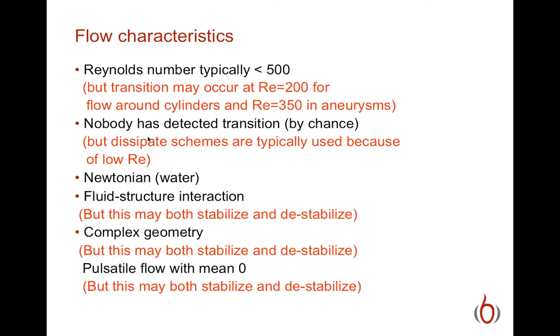A lot of flow studies have been performed lately using CFD, and none of them have detected transition by chance. But I don't think that is a big surprise, because all of the studies have reasoned that because of this low Reynolds number, the flow will be laminar, and I typically use dissipative schemes and also low resolution.